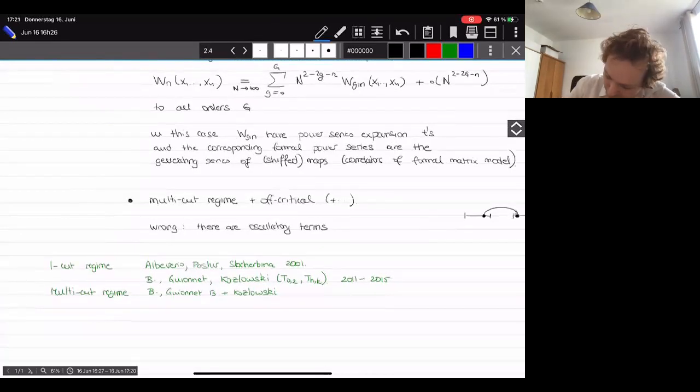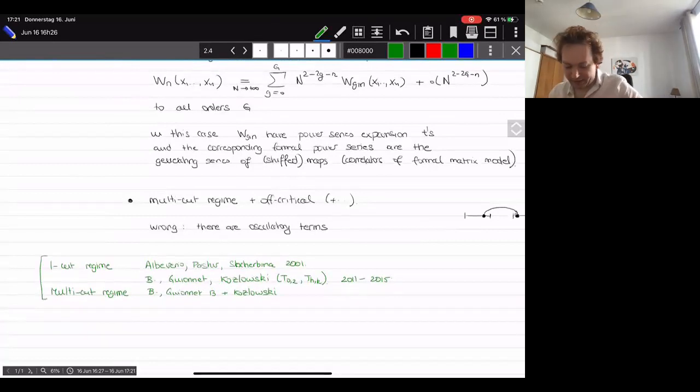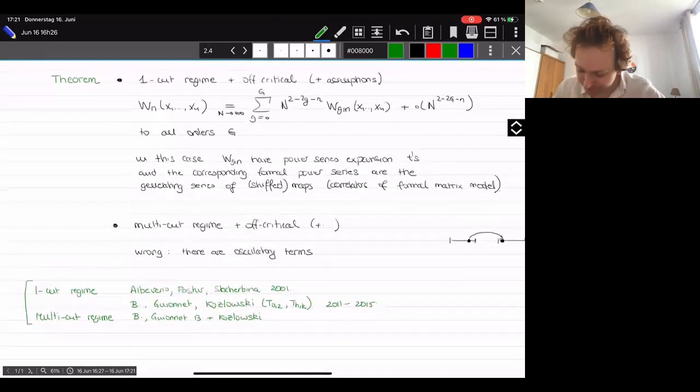So this is, I would say, a summary of what is known on the probabilistic part that guarantees that such expansions exist.